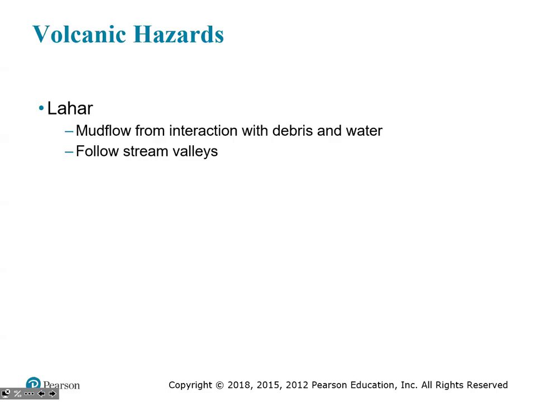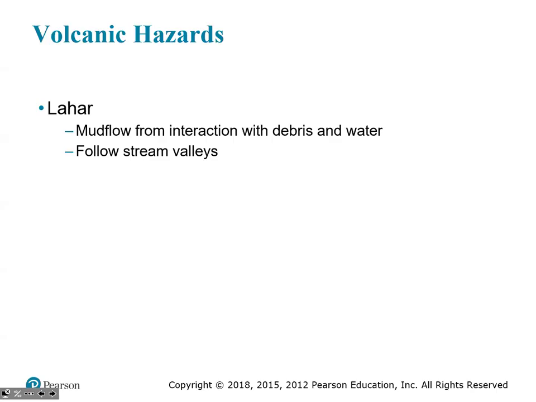Another dangerous thing you get from pyroclastics is lahar. This is a mud flow from the interaction between debris and water. So you can get lahars from ice melt, because the volcano gets hotter during an eruption. So the ice melt mixes with the debris, you get this massive volcanic mud flow.